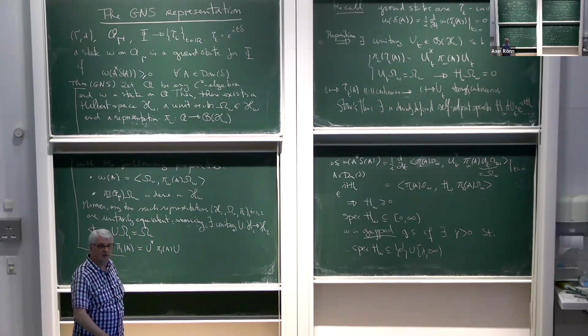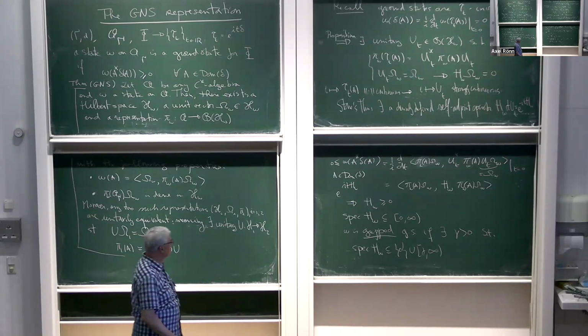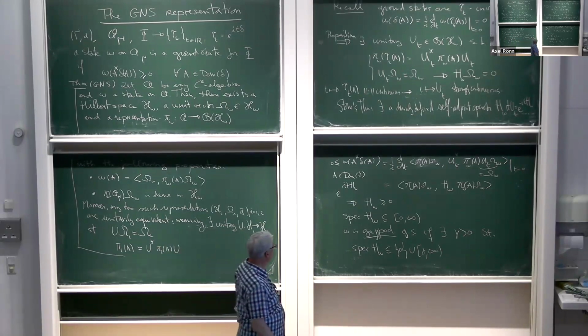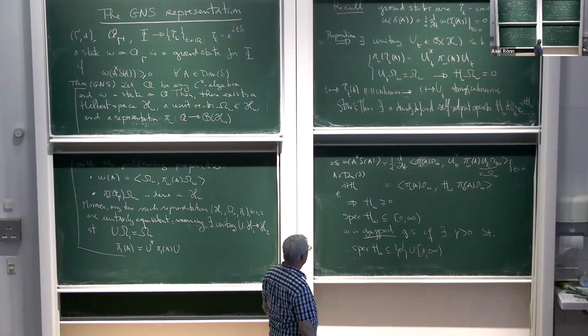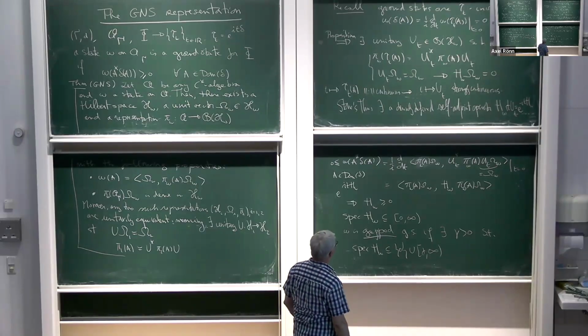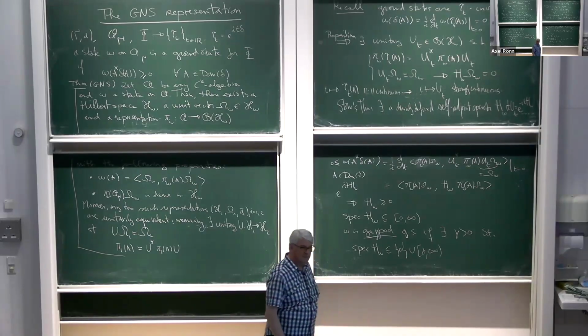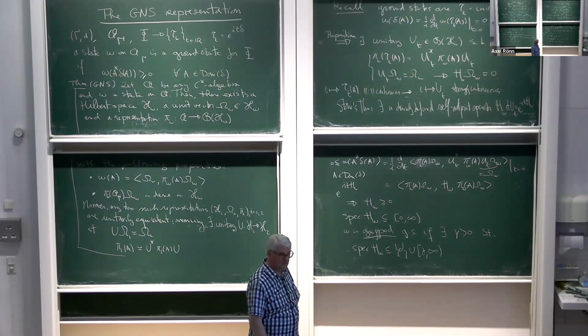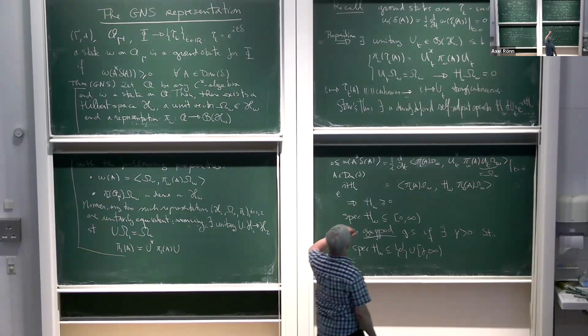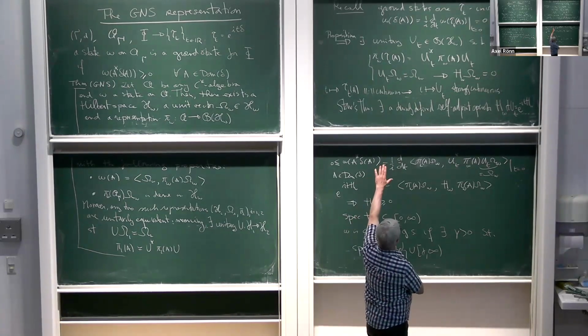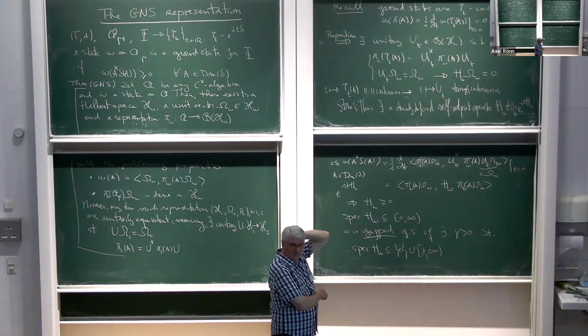Yes? But then U_t omega may not be equal to omega, because there may be some phase which doesn't affect the state. Well, there isn't in this case, because it's an eigenvector with eigenvalue 0, so you take the derivative, 0.